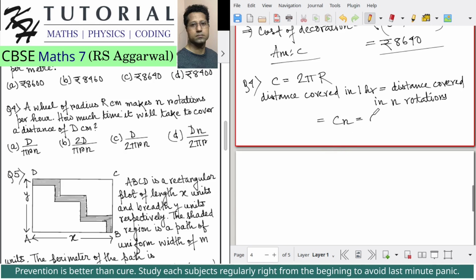So this will be equal to 2 pi capital R small n. So this is the distance covered in 1 hour.